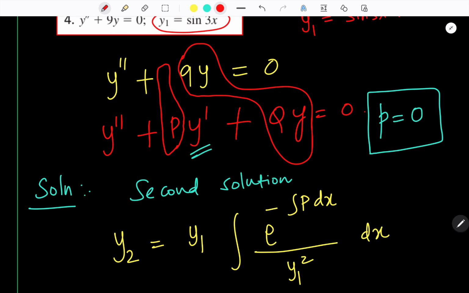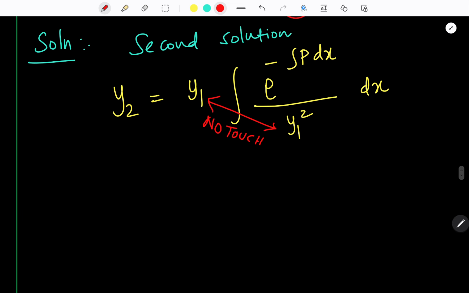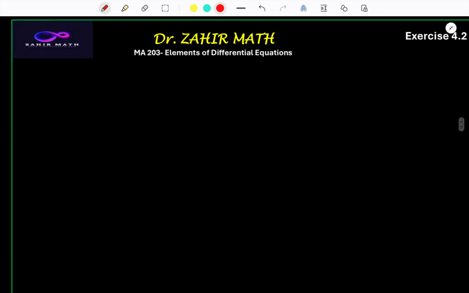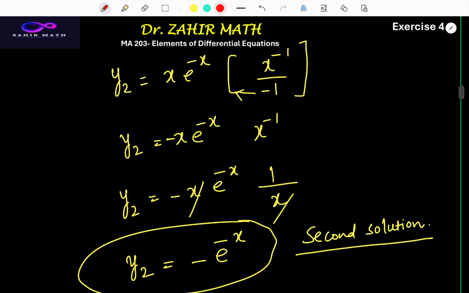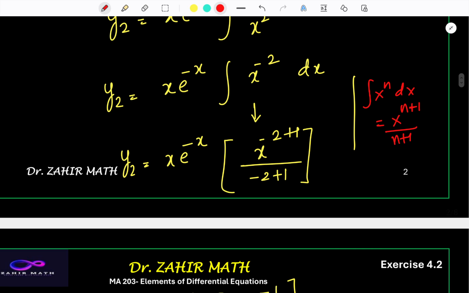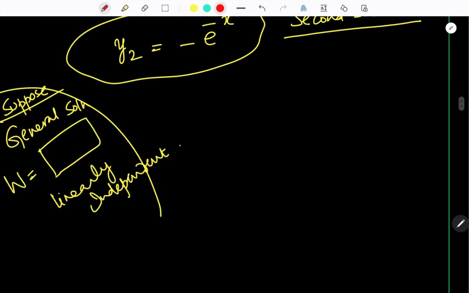After that, one important point: no touching until integration gets over. See here, after the integration finishes, only then I cancel this x. Before that, I didn't touch anything. I only started touching after the integration is over.